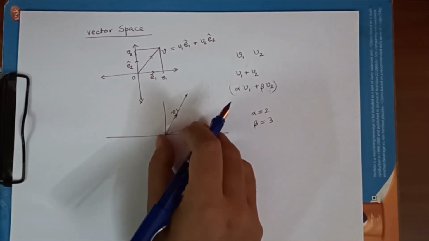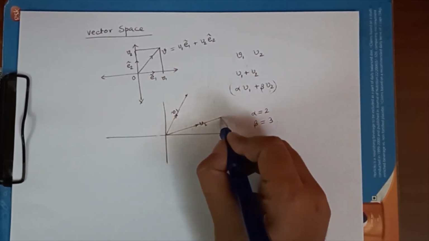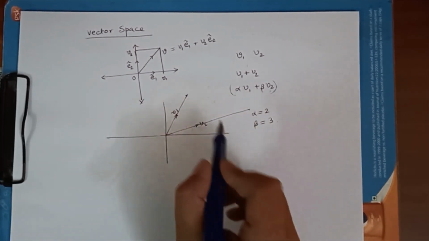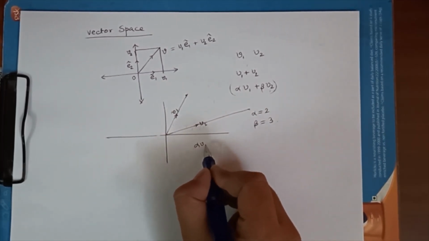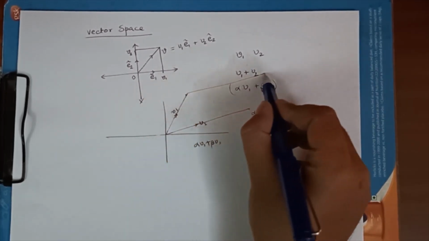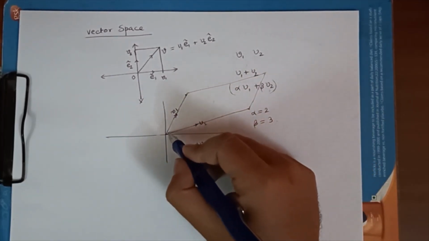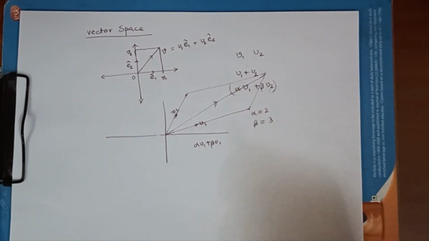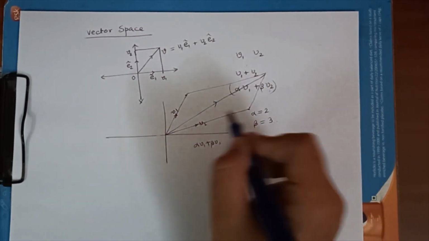Similarly, if v2 has this length, 3v2 will have 3 times the length. So this will be 3v2. Then alpha v1 plus beta v2 is obtained by applying the parallelogram law, and this will be the sum alpha v1 plus beta v2.